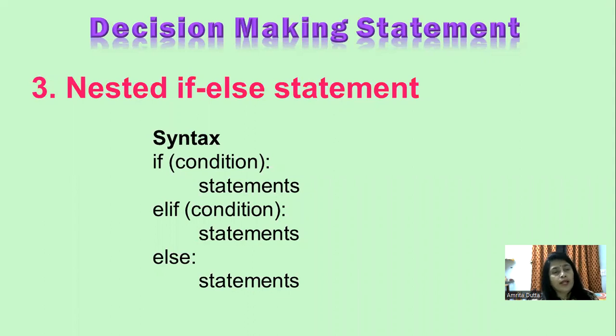There are no restrictions on how many can be there. The second condition can be given with the help of elif, and if all these if-elif conditions are not true, then it will go to the end of the if-else ladder and execute the last else statements.